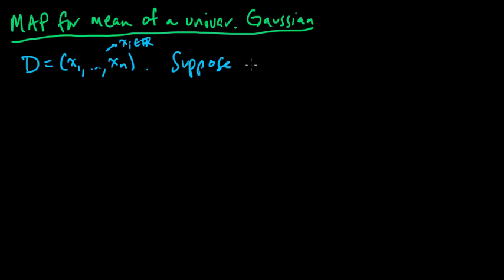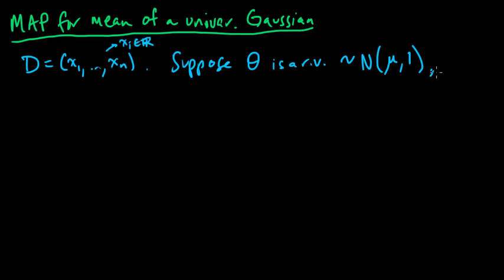We will suppose that theta is a random variable, which we're going to interpret as the mean of the Gaussian, and it's distributed according to some distribution. Let's choose it to be normal with mean, let's say mu, and variance 1, just to keep things simple.